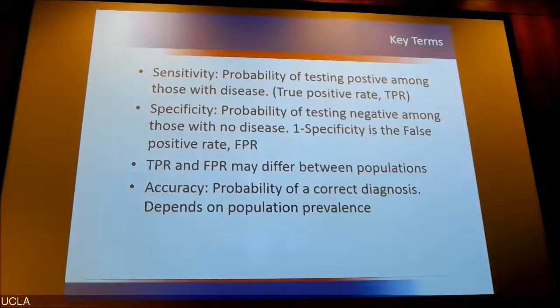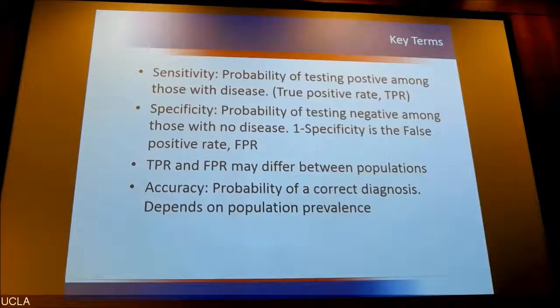So the sensitivity is the probability of testing positive from the biomarker or the biomarker panel among those who actually have disease. So this would be the true positive rate of a biomarker test. The specificity is the probability of testing negative among those with no disease. 1 minus specificity is the false positive rate. And we also sometimes see the accuracy, which is the probability of a correct diagnosis or a correct decision.